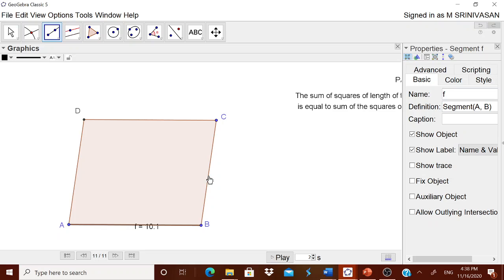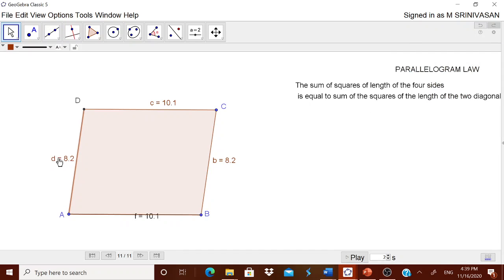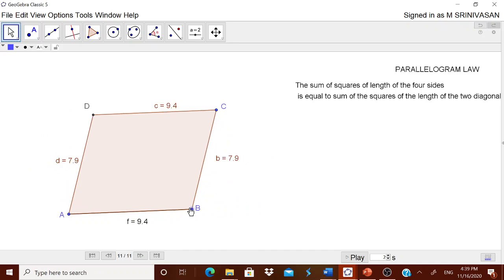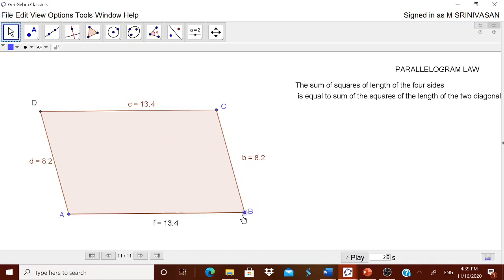Check whether the segment is selected, name and value, good, and again show label name and value. Well, I think the opposite sides are equal and they are parallel. It is a parallelogram. When I pull it, when I push it, you are seeing how it dances.